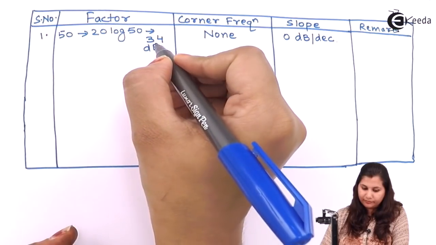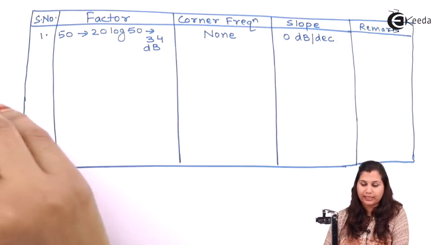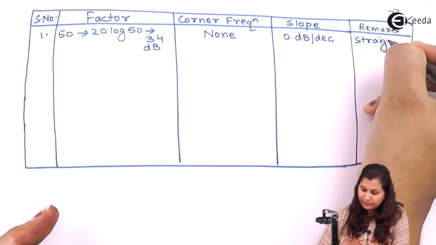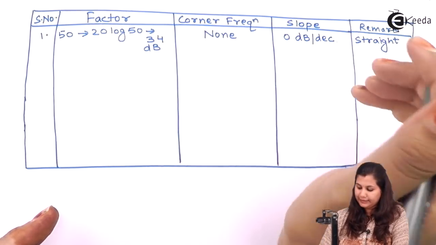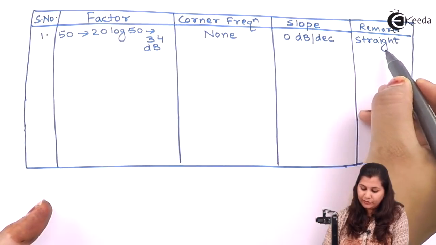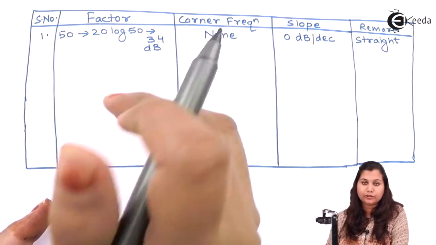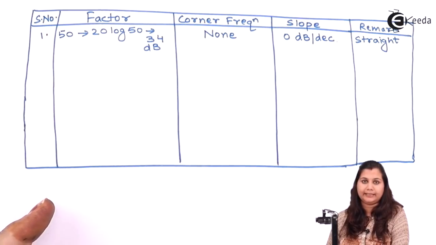This constant term will be represented by a straight line having no slope, and this straight line will start from this 34 dBs and it will be parallel to the 0 dBs line. So let's form the table for the magnitude plot.